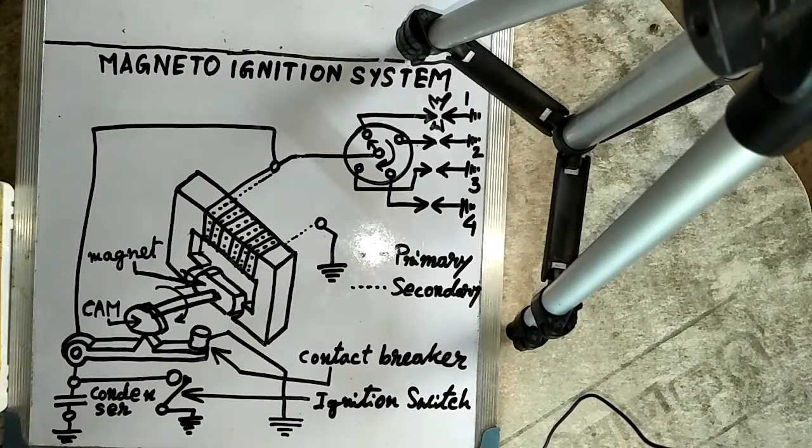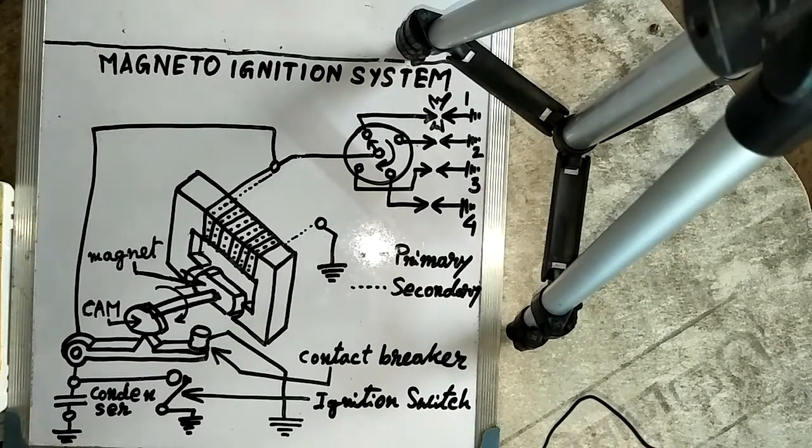In the low tension magneto system, the secondary winding is changed to limit the secondary voltage to a value of 400 volts. Okay, and the distributor is replaced by a brush contact.